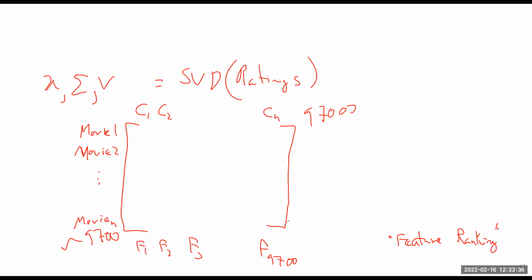You guys had to rank the features, and then you had this idea that you may not need all features, right? Here, singular value decomposition has created these concepts, 9,700 of them, which are exactly the same idea.